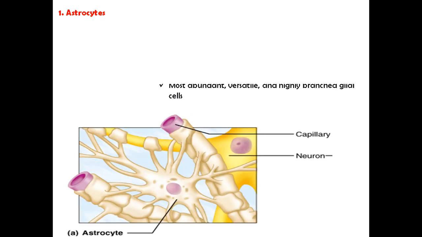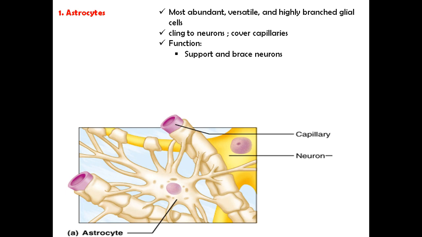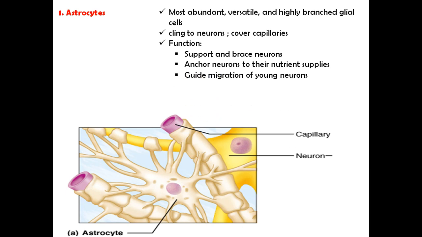Astrocytes. Most abundant, versatile and highly branched glial cells cling to neurons and cover the capillaries. Function of astrocytes is to support and brace the neurons, anchor neurons to their nutrient supply, guide migration of young neurons, and control the chemical environment.